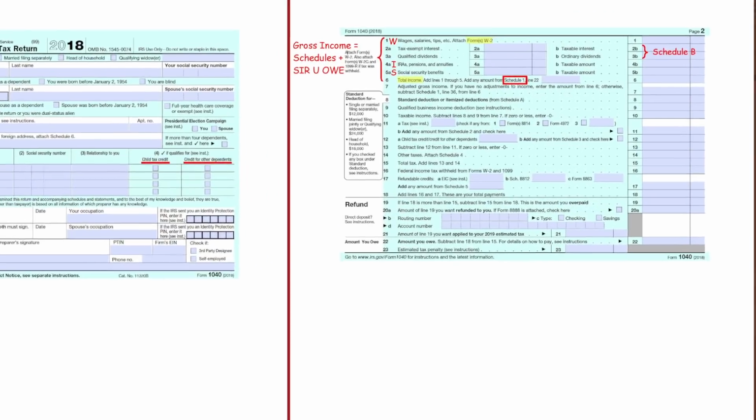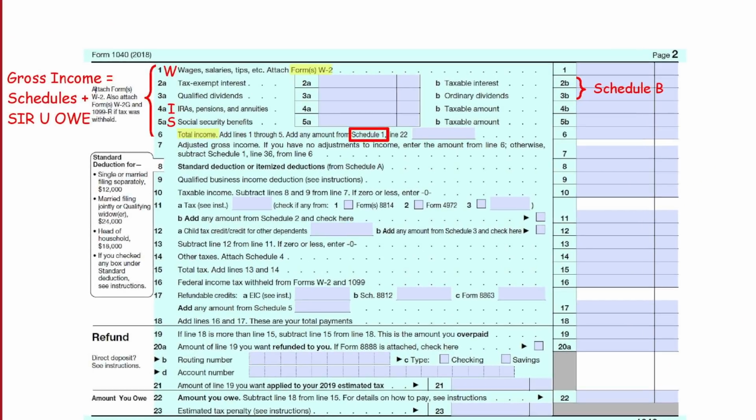Back on page 5, on line number 7, highlight adjusted gross income. Line 6 was total income or gross income. Line 7 is adjusted gross income, or as we call it, draw an arrow and write AGI. Now, if you read line 7, it says if you have no adjustments to income, enter the amount from line 6.